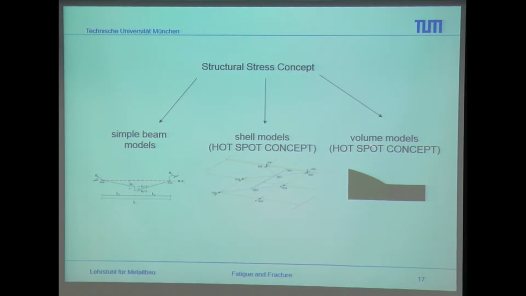And the most time-consuming, but also calculation-consuming, would be the volume models. Therefore, you can also just estimate some strain gauges on your model, and with the calculated strain gauge stresses, you can recalculate your stresses.